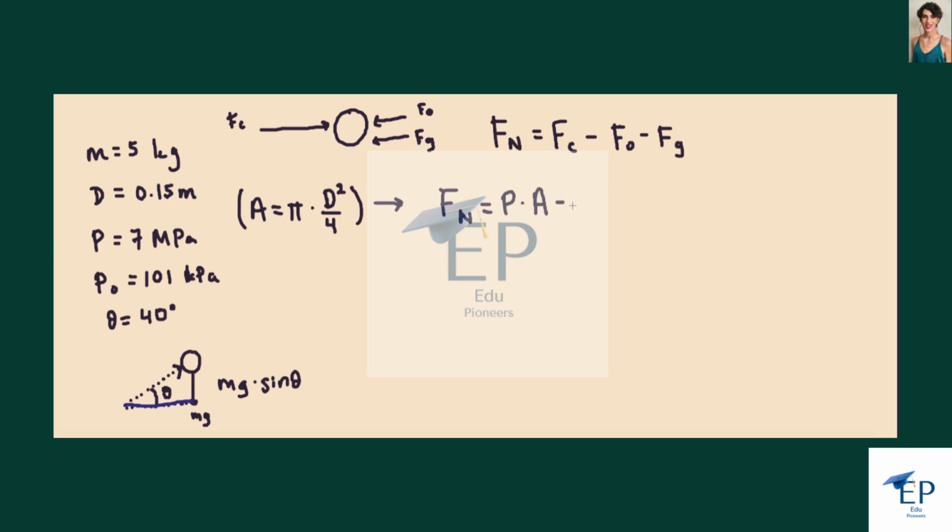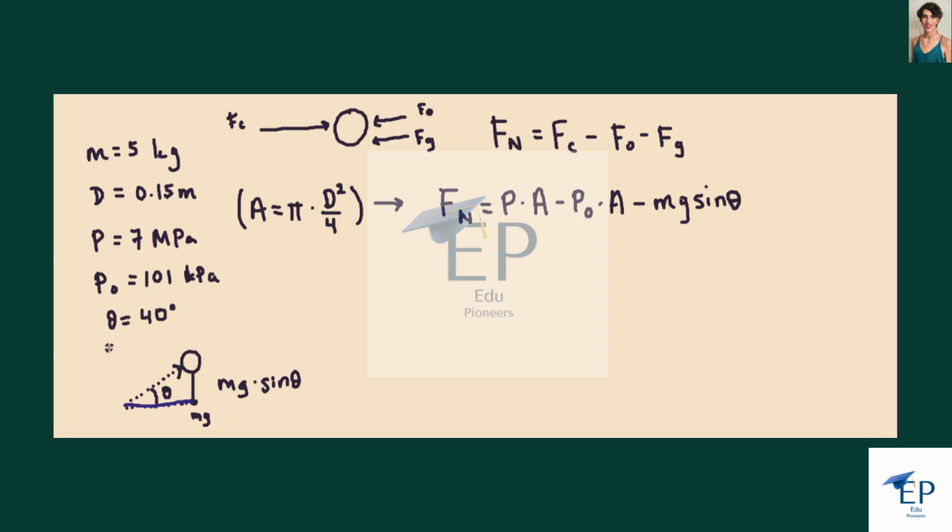We're going to subtract the force due to atmospheric pressure, which is the standard atmospheric pressure, 101 kilopascals, times that same cross-sectional area of the cannonball. And not to forget gravity, we'll subtract mg times sine theta.